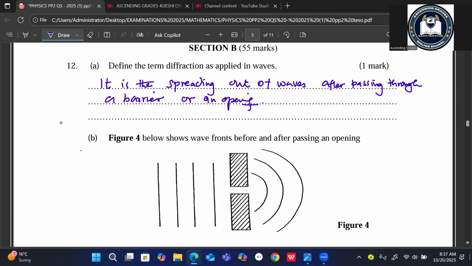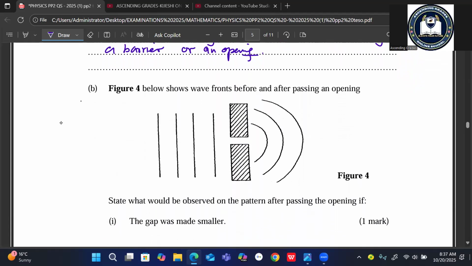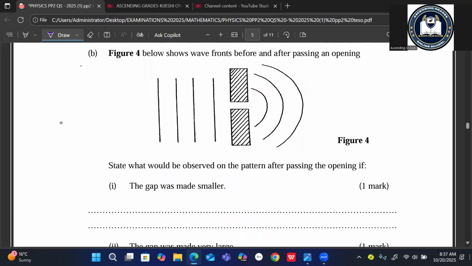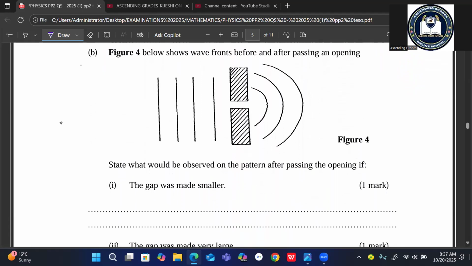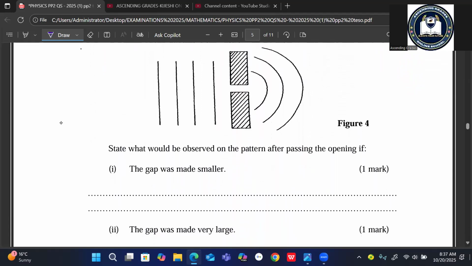Can look at part B of the same question. The figure shows waveforms before and after passing through an opening. Then you are asked, state what would be observed on the pattern after passing the opening if the first condition is when the gap was made smaller.